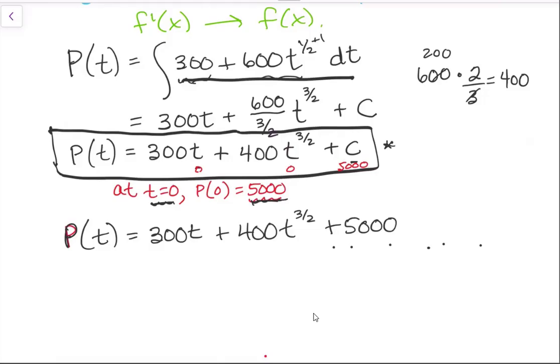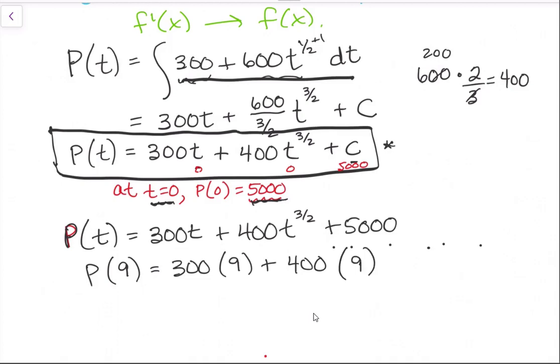Okay, so now we can evaluate the question, which was to figure out what this population is after 9 years. That means replacing all of our time variables with 9. So I'm going to have 300 times 9 plus 400 times 9 to the 3 halves power plus 5,000.